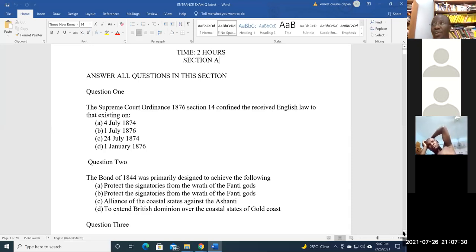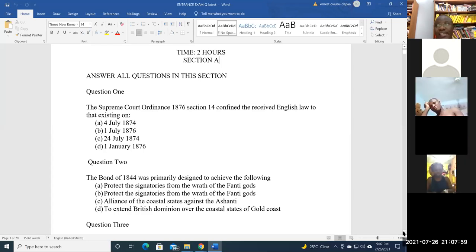But as a colony matured in terms of laying the foundation for its own legal system, like we had in Ghana by 1876, when our local legislative council passed the Supreme Court Ordinance of 1876, among the sources of law it decided to provide a cut-off point.